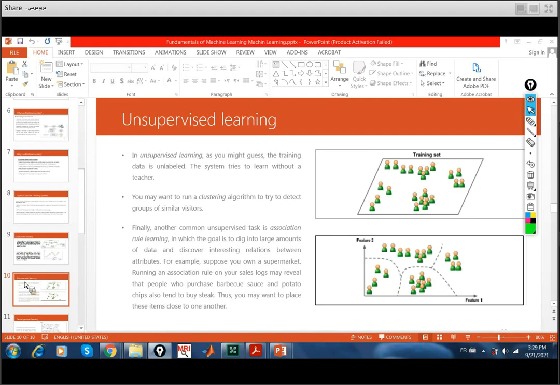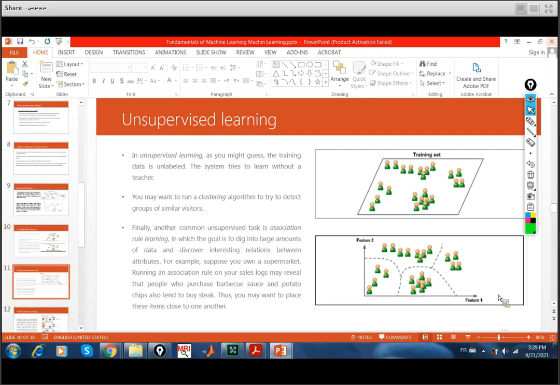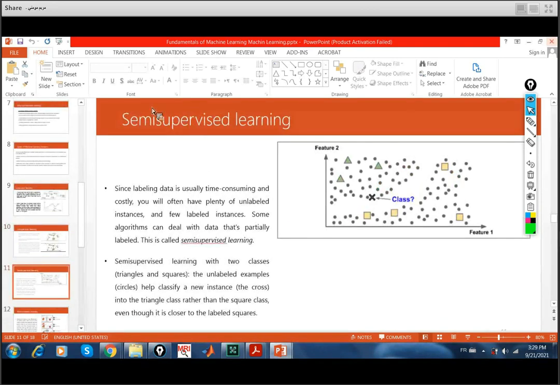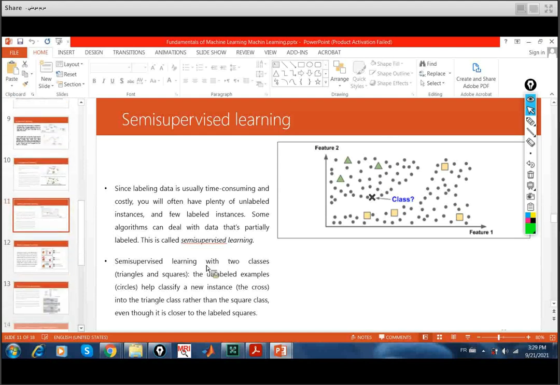According to the time, I will talk about semi-supervised learning, and then we will finish the course. Another type is semi-supervised learning. Labeling data is usually time consuming and costly.